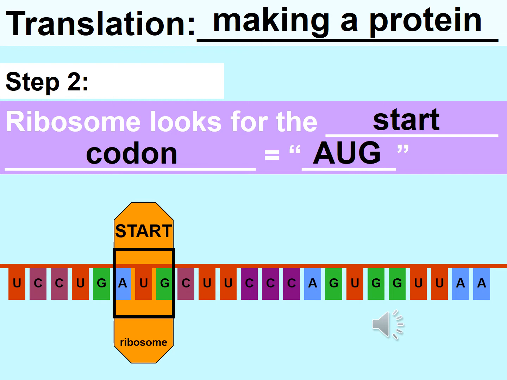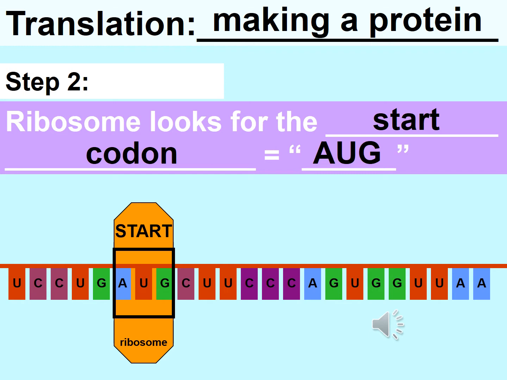Okay, so step two of the process of translation is that after the mRNA leaves the nucleus, the ribosome attaches to the mRNA and starts reading it, looking for what is called a start codon. A codon is made up of three nucleotides, and all ribosomes are turned on by the sequence AUG.